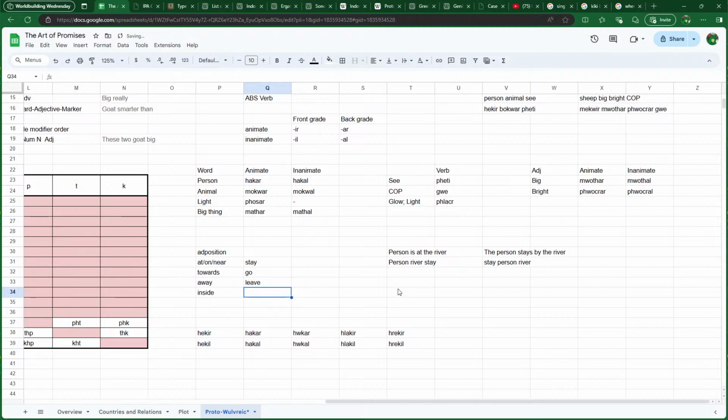And then inside is to hold, perhaps? Because the person is in the cave, right? Is person cave hold. The cave holds the person.